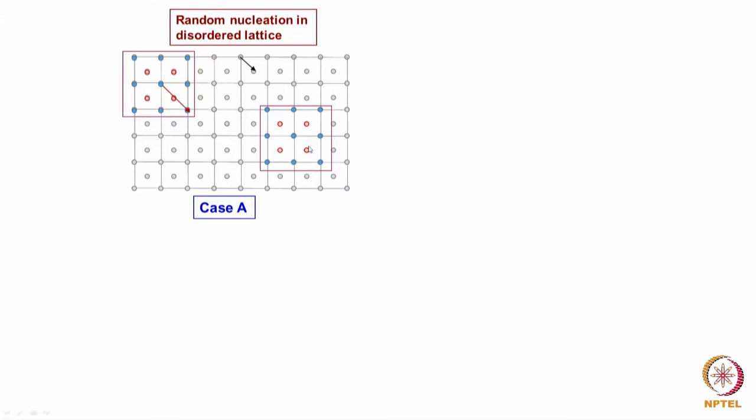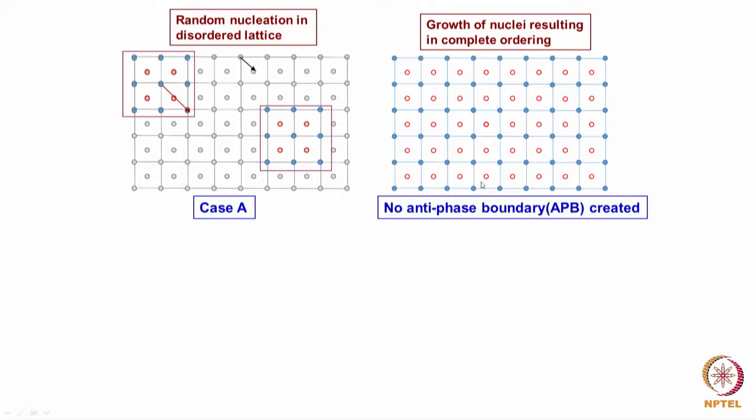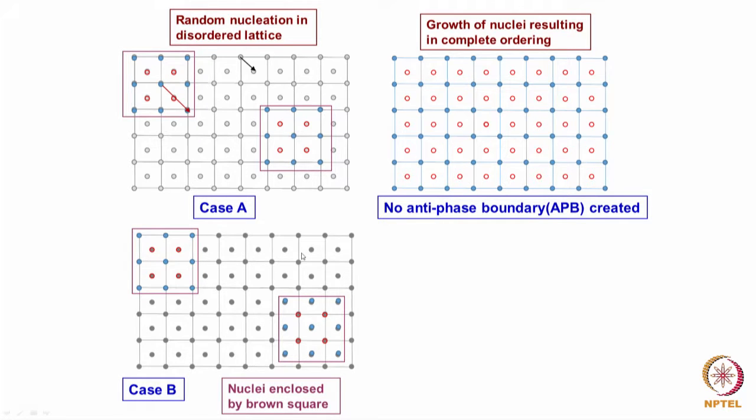When the two nuclei are formed, when they grow and join together, what happens? Let us look at it. When these nuclei grow and join, they perfectly fit. There is no interface or anything being created. Now let us look at another case where exactly identical two nuclei are formed.